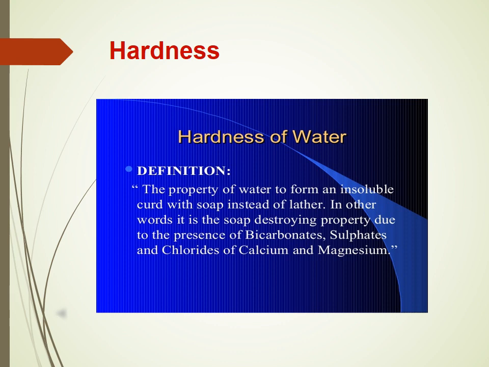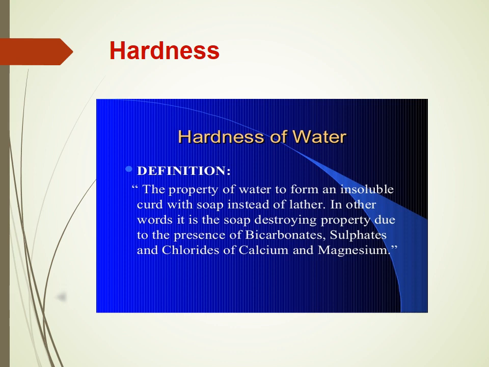Hardness can be defined as the soap consuming capacity of the water sample, or the property of the water due to which it does not form lather easily with soap. It means you know that whenever you mix natural water without any impurity with soap, then of course it will form lather with the soap very easily.